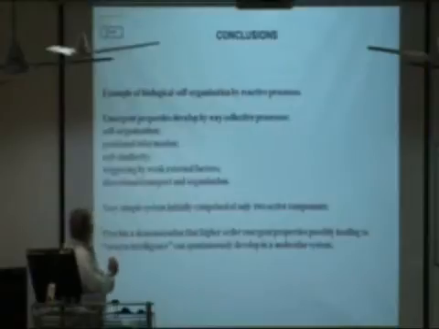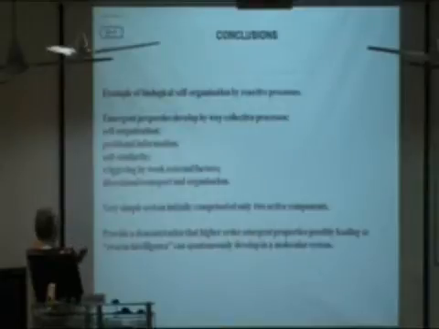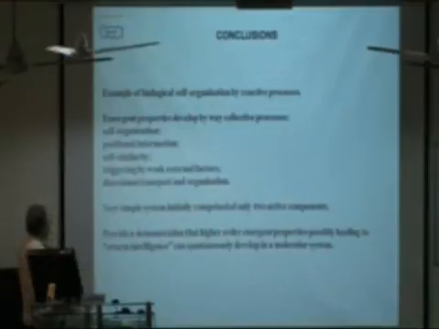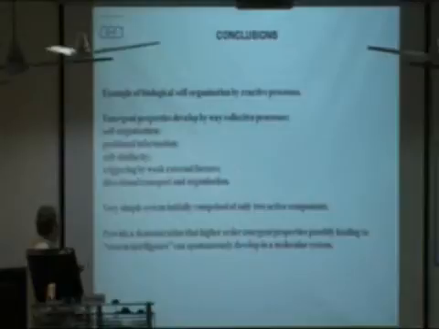So I'm going to stop there. Just a few conclusions. We've got an example of a biological self-organisation by reactive processes. We have a number of emergent properties which develop: self-organisation, positional information, self-similarity, triggering by weak external factors, directional transport of organisation. It's a very, very simple system.